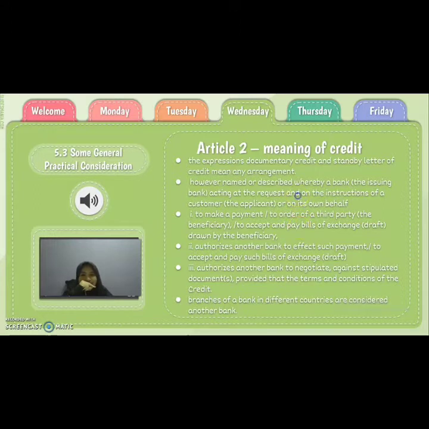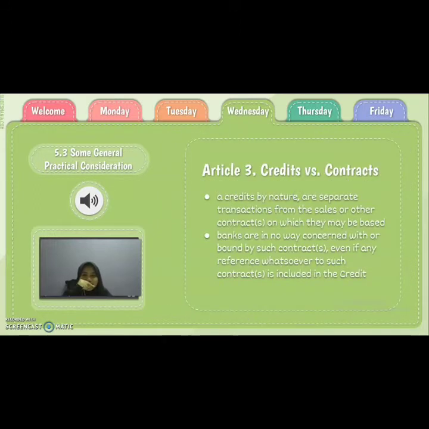In Article 3, there is credits versus contract. A credit is irrevocable even if it does not specifically mention so. Irrevocable means it cannot be cancelled without consideration of the parties involved.